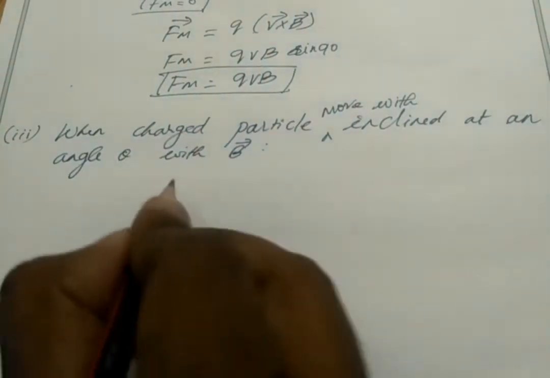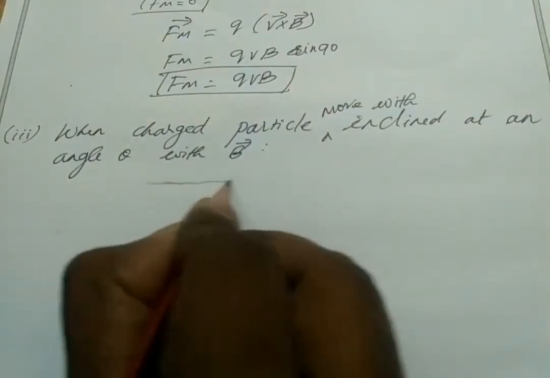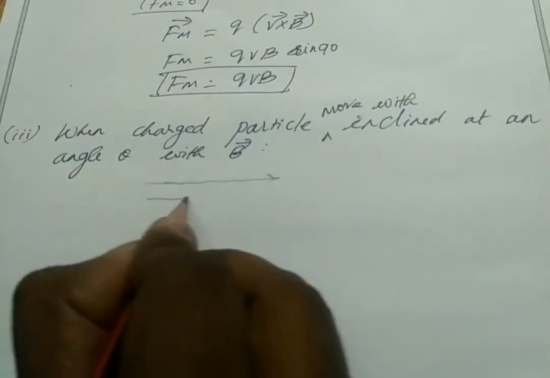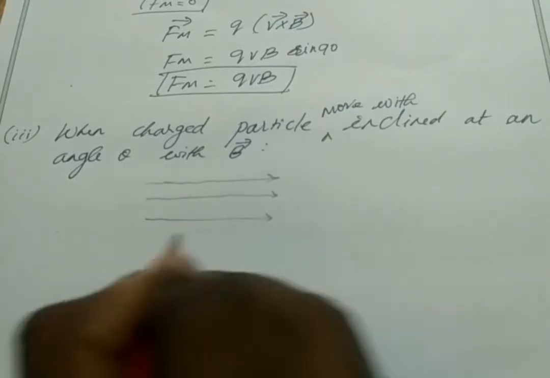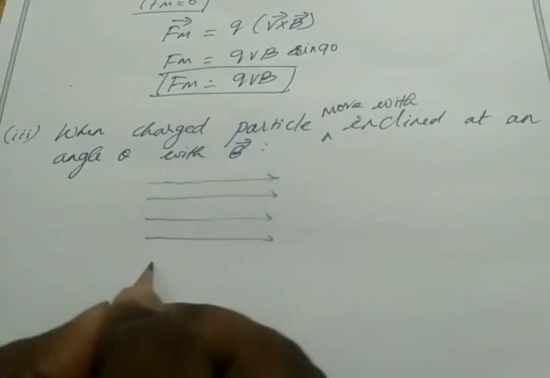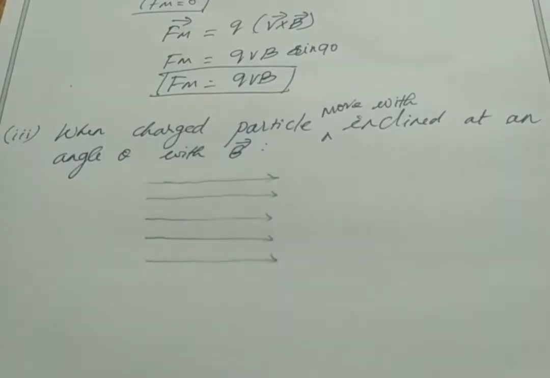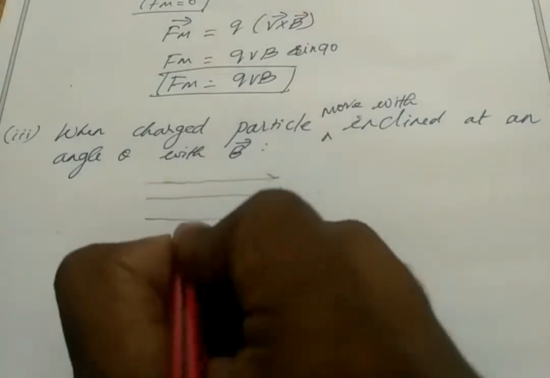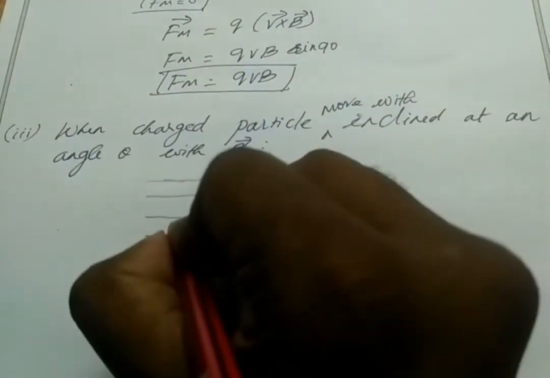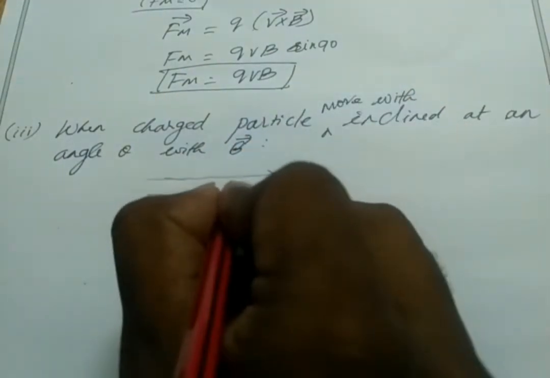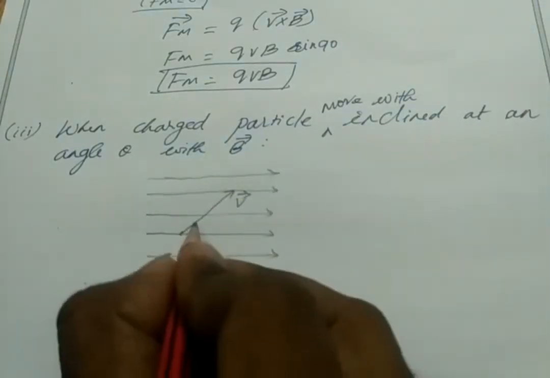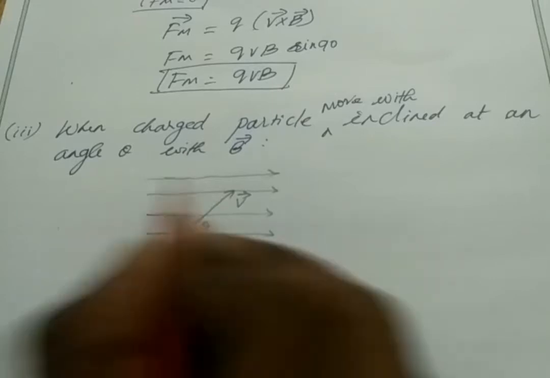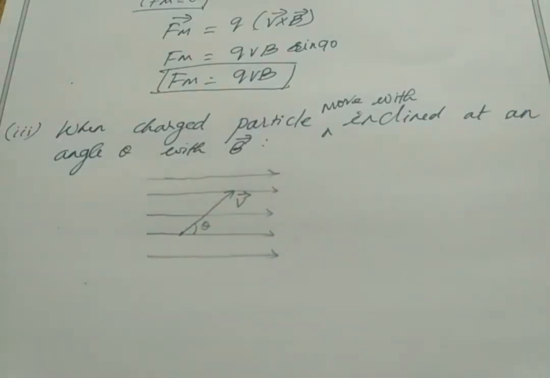So here we have a uniform magnetic field. Our charged particle is moving with a certain angle theta. This is the velocity of the charged particle. It creates an angle theta with the horizontal line. Clear?